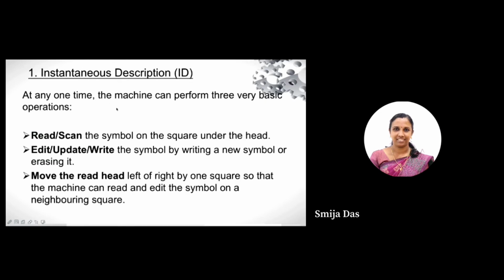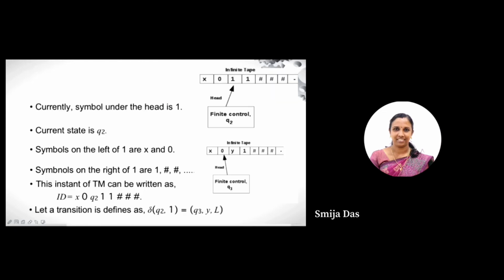Now the instantaneous description is the description of the Turing machine at a particular instant of time. At any one time, the machine can perform three basic operations that we have seen already, that is read, write, or move the read-write head towards left or right. We can understand the instantaneous description with the help of an example.